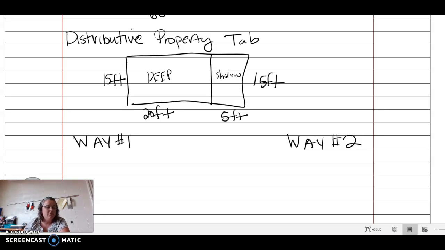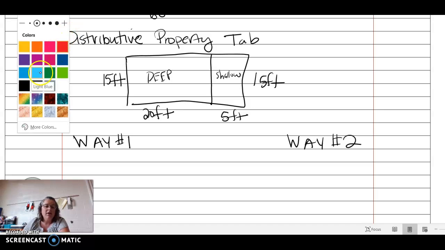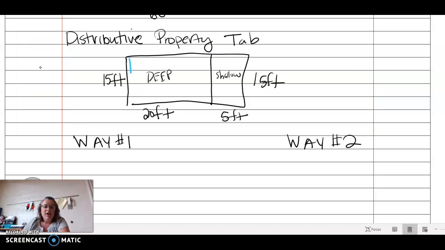If I were to look at the two parts separately, the deep end happens to be a rectangle, the shallow end happens to be a rectangle. What if I found the area of the deep end, found the area of the shallow end, and added them together? So if I were to pick a color here, I'm going to pick this blue color, to find the area of the deep end.